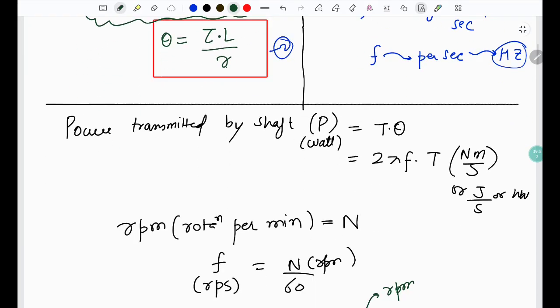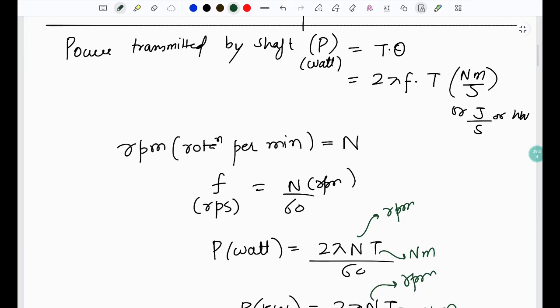Here's another quick revision of the power subtopic within the torsion. Power in watts is calculated as torque into theta. Theta is written as 2 pi f, where f is the frequency, and torque has the units of Newton meter. Newton meter per second is also written as joules per second, or watt.